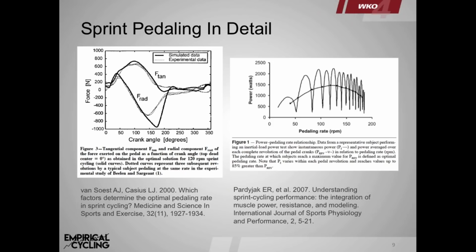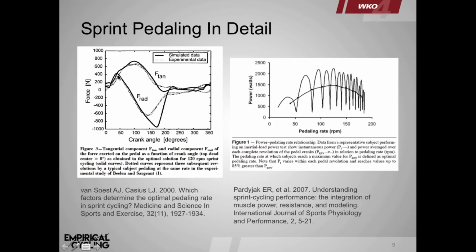So in detail, on the left graph here, the dark line is some scientists modeling all the muscles of a leg to try to predict the behavior of force on the pedals during sprint cycling. But what I really want to show you here is the dotted lines. This is a couple pedal revolutions of an actual sprint at Pmax at 120 RPM. What we're looking at is that at about 0 to 10 degrees, there's not a lot of force on the pedals.